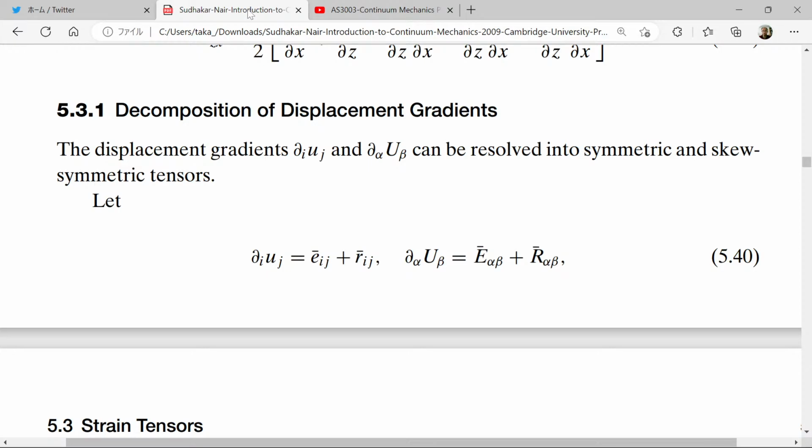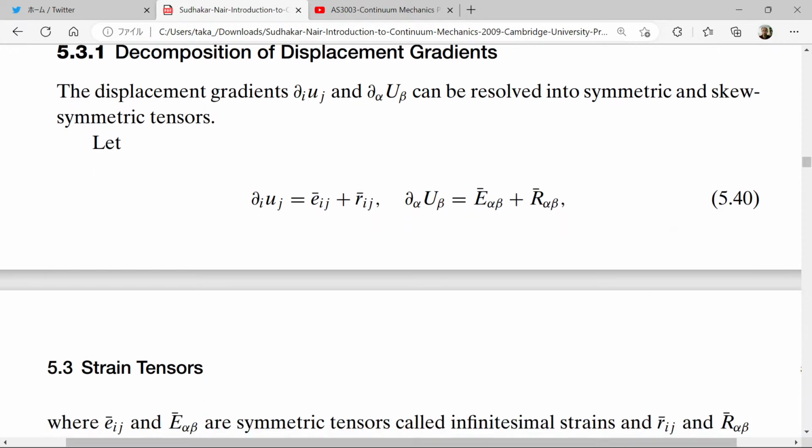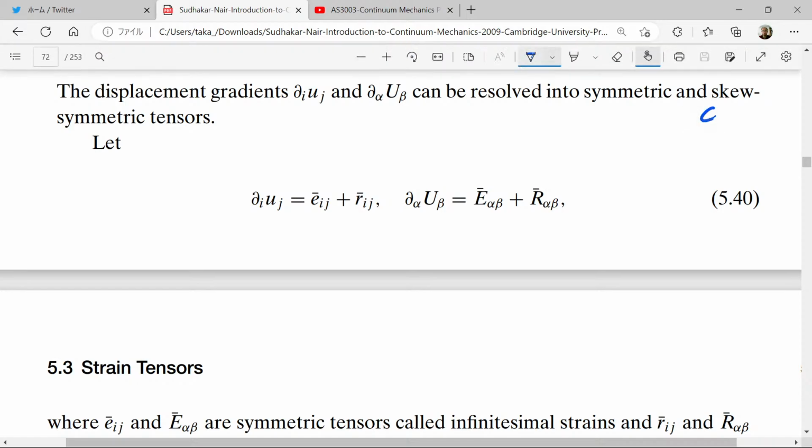I think everything can be resolved into symmetric and skew-symmetric parts. Skew-symmetric means anti-symmetric. It's the same as anti-symmetric.